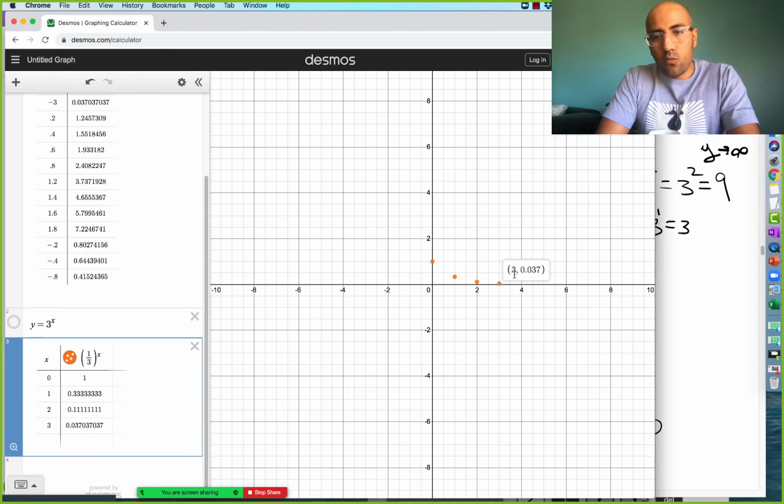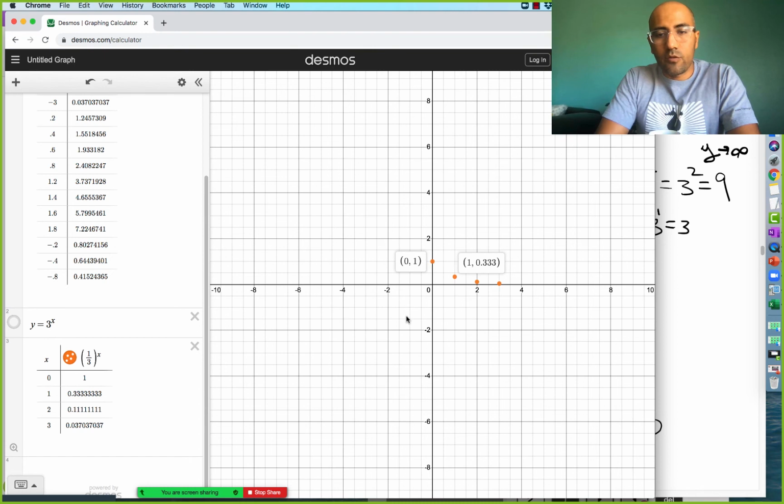Right, this is 1/3 raised to the 3rd power, 1/27, which gives you this decimal. 1/3 raised to the 2nd power is 1/9, which is 0.11111. And this is when we put in a 1. 1/3 to the 1 power is 1/3, which is 0.3333, and here's 0.1.